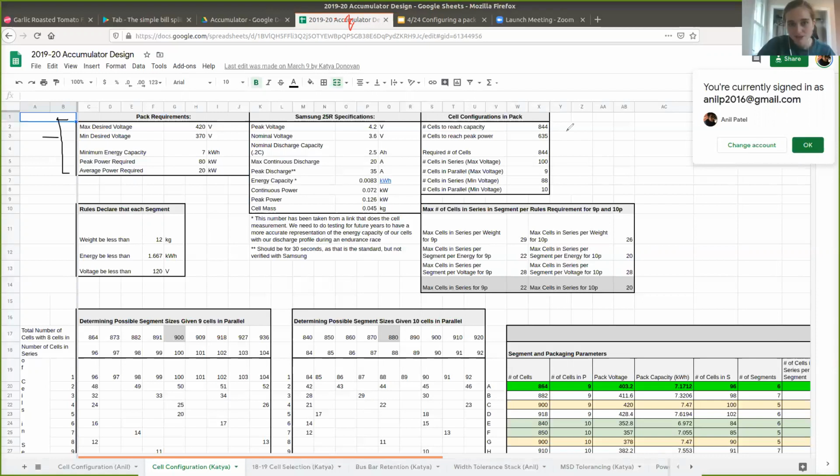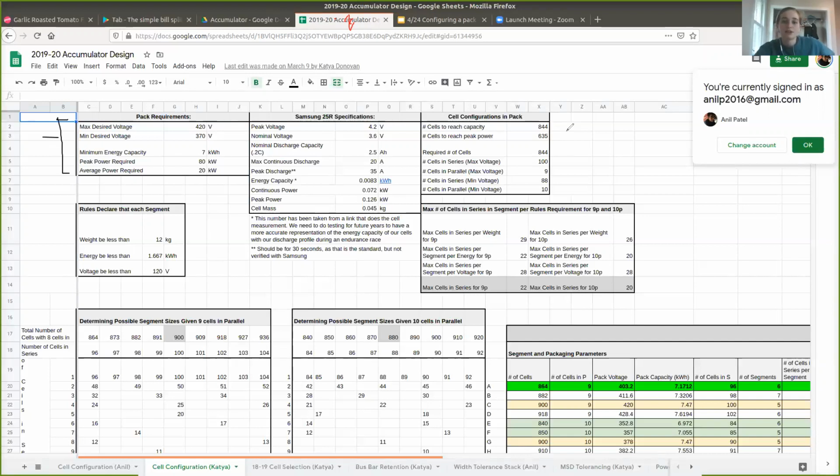So basically the number of cells to reach capacity is here. The number of cells we needed to reach power is there. As we can see, we need more cells to reach capacity, so we're limited by that. So we need that number of cells. And it basically splits them up into those segments that Anil was talking about that are required by the rules. So you can only have a certain amount. Each of your segments is separated by weight, energy, and voltage.